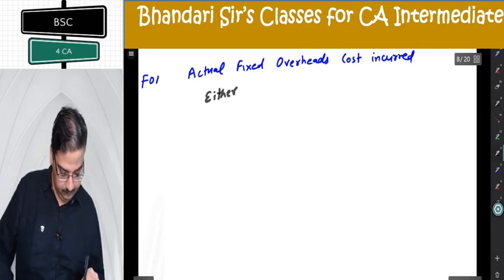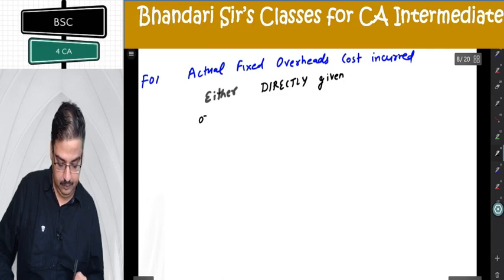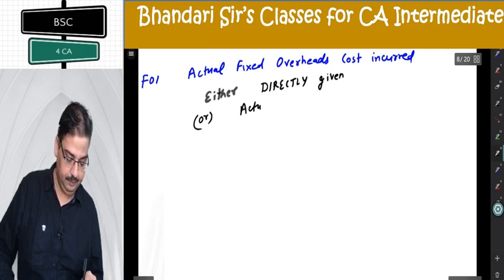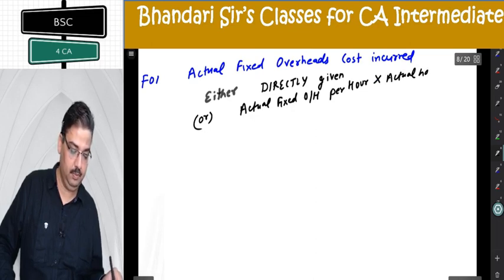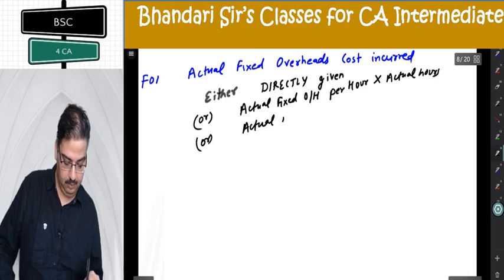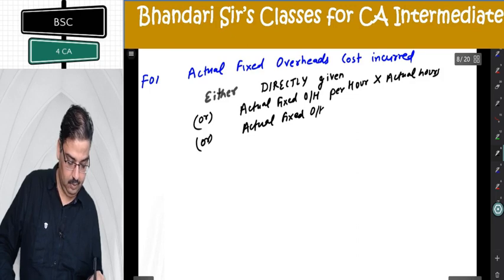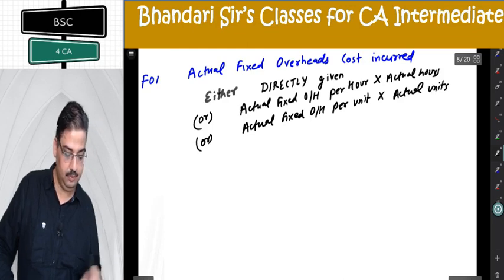Either directly given, or actual fixed overhead per hour multiplied by actual hours, or actual fixed overhead per unit multiplied by actual units.